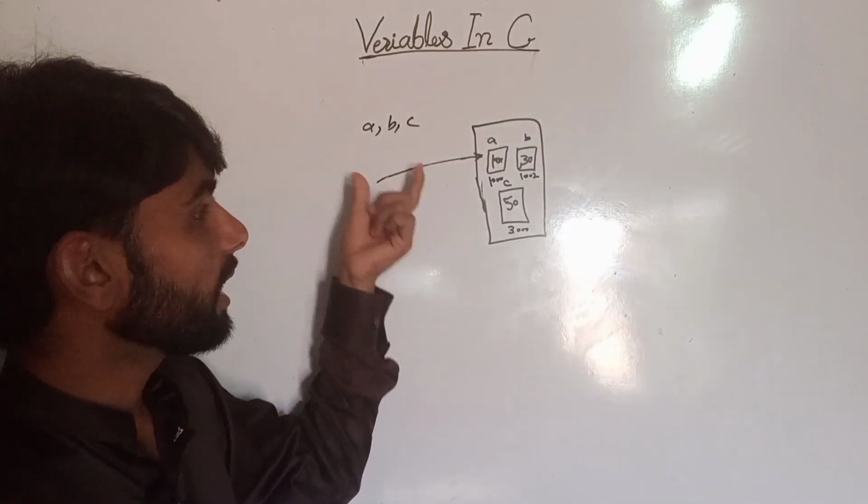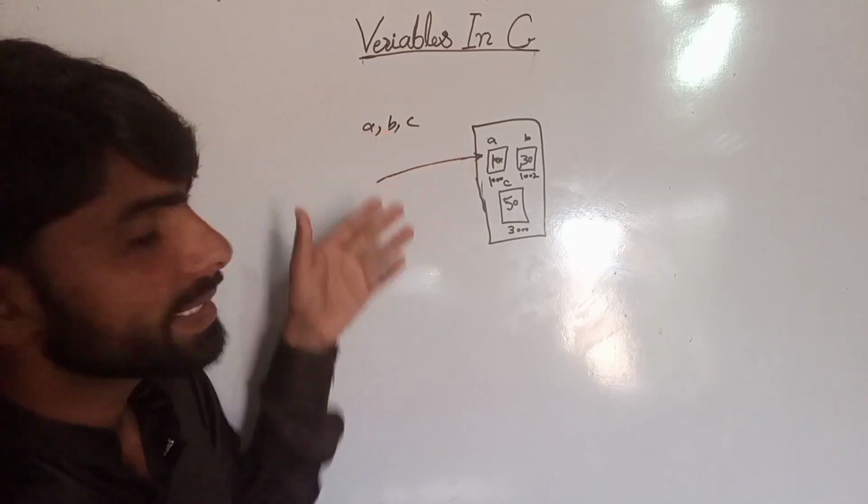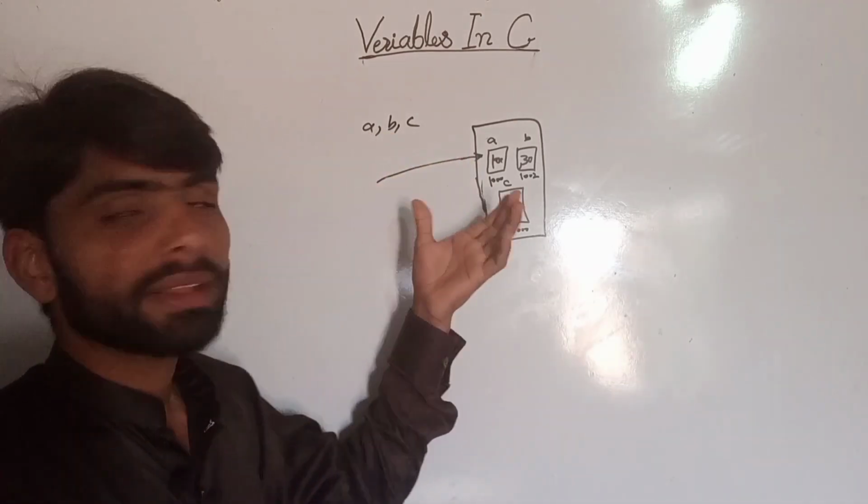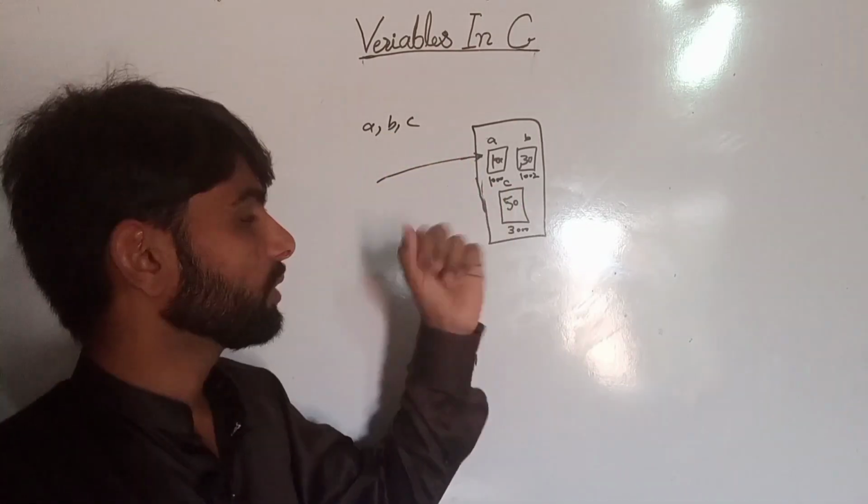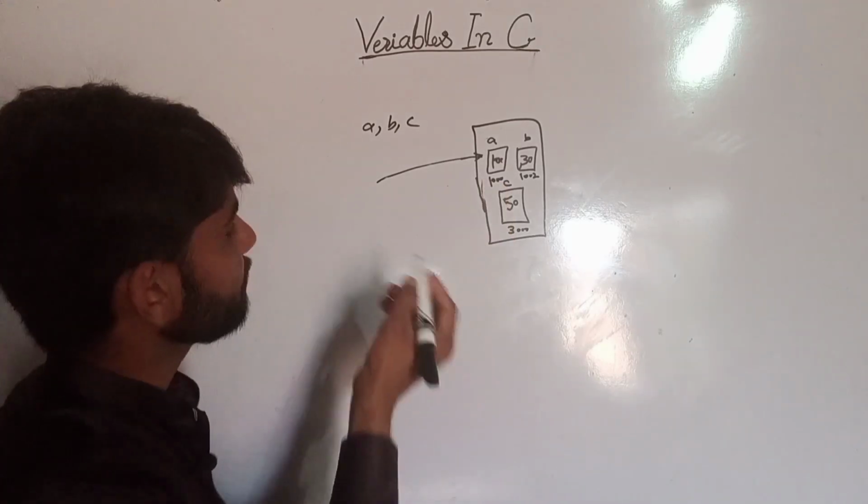So these are called variables. Now the programmer can easily access those values and perform any action on them.